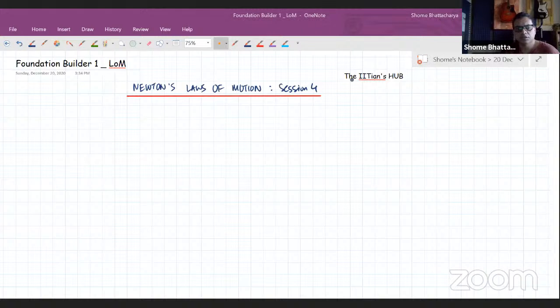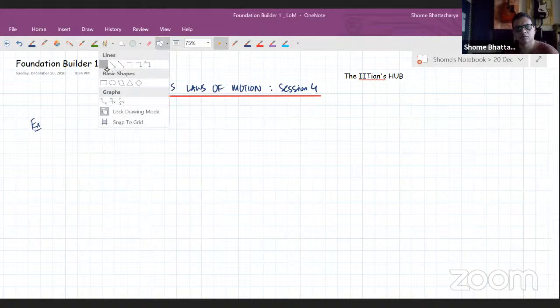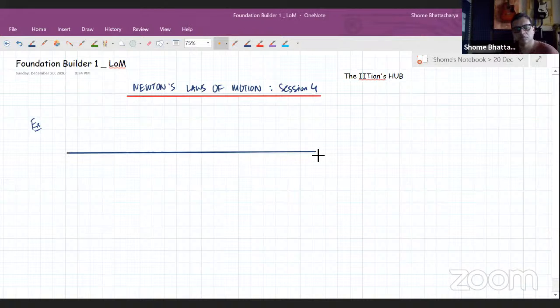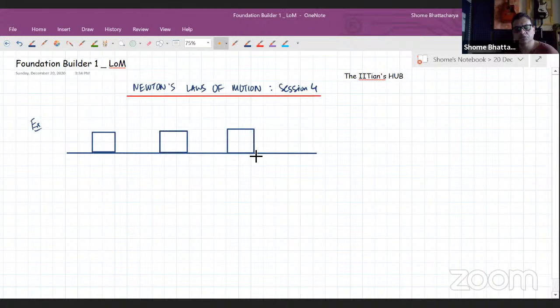Okay, so let's start by looking at an example with the application of the concept of tension again. So let's say we have a system like this consisting of 3 blocks, which are connected together by light threads like this.